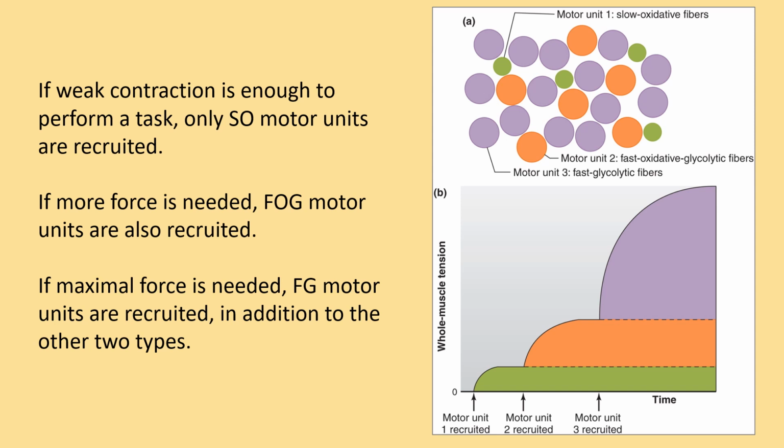If to accomplish that task we need to generate more force, then another type of motor unit is recruited. In this case, it's the intermediate fibers, or the FOG muscle fibers. And then if we need to generate maximal force, we will also recruit motor unit number 3 in this example. Motor unit number 3 is made up of the fast glycolytic fibers. So the most powerful cells come online to generate maximal force.